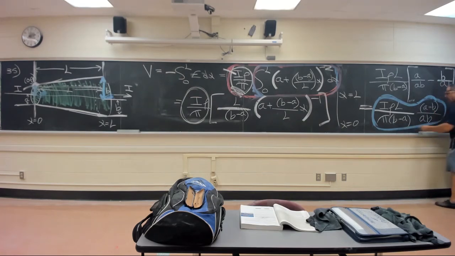They cancel, but there's a negative 1. If this is a positive number, this is a negative number of equal magnitude. If this is a negative number, this is a positive number of equal magnitude. When they cancel, you get negative 1.